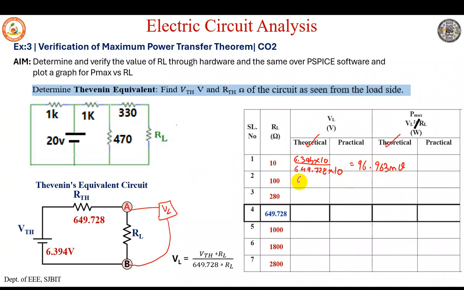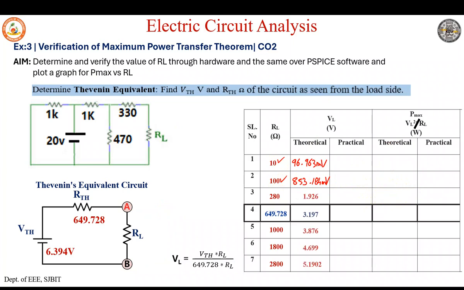Similarly, for 100 it is 6.394 into RL, which is 100, divided by 649.728 plus 100. So this will give us around 853.184 millivolts. So these are the voltages with respect to 10 and 100 ohms.